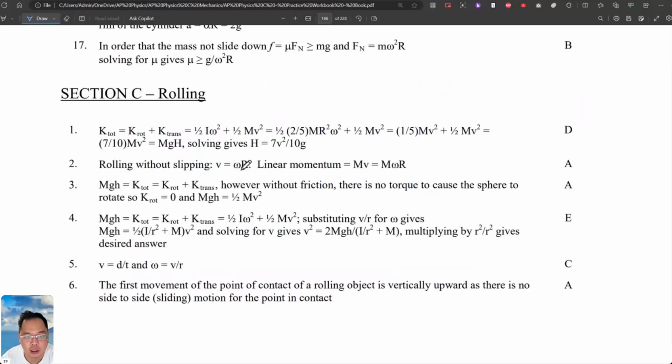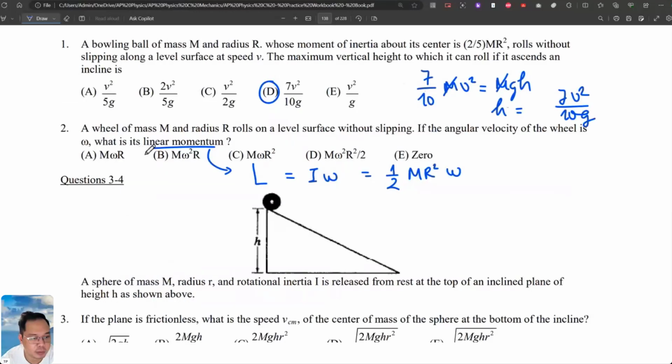V equal omega r. Okay. Linear momentum. Oh, the question is linear momentum, not rotational momentum. That is angular momentum. Sorry. The question is linear momentum. So linear momentum is simply P equal mv, and v is omega times r.